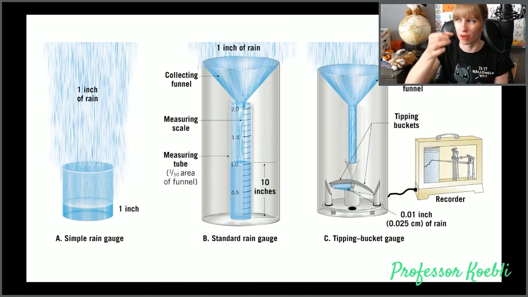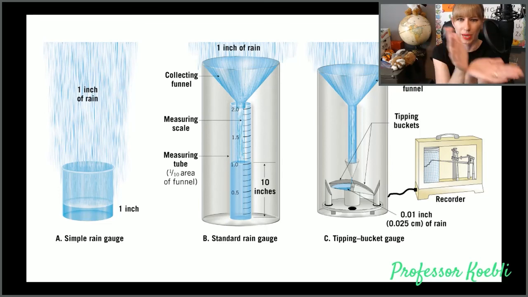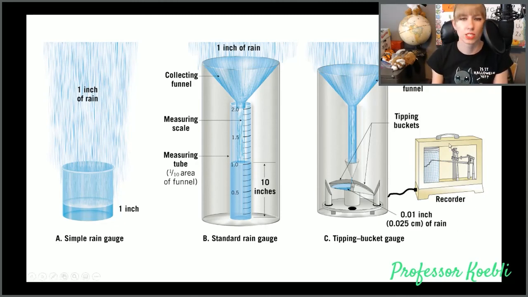You're going to have a tube going down, and then on either side, you're going to have it tipped back and forth. Each compartment is able to hold 0.025 centimeters of rain. The bucket fills and tips, and each time it tips and empties the water, you have an electrical recorder graphing how much is being taken in by the rain gauge itself.